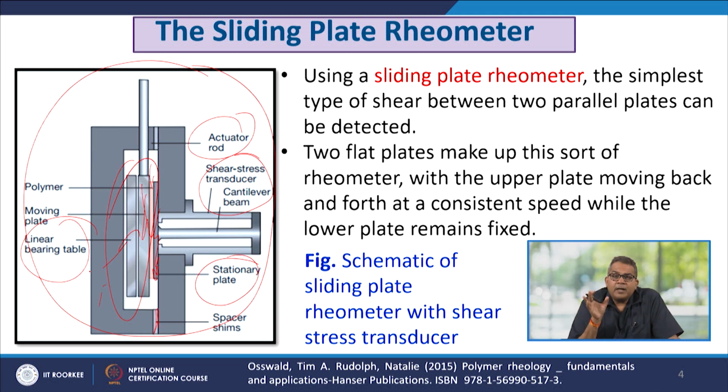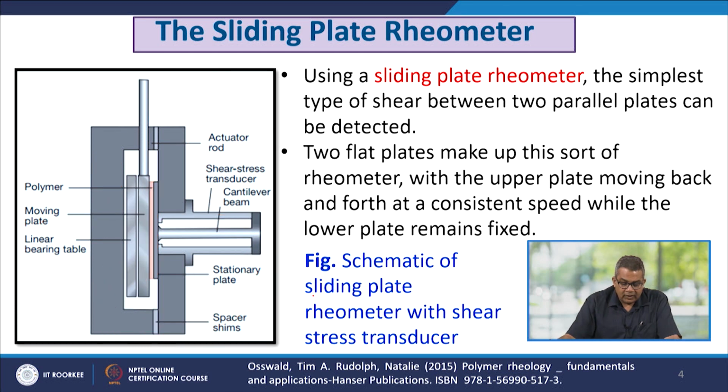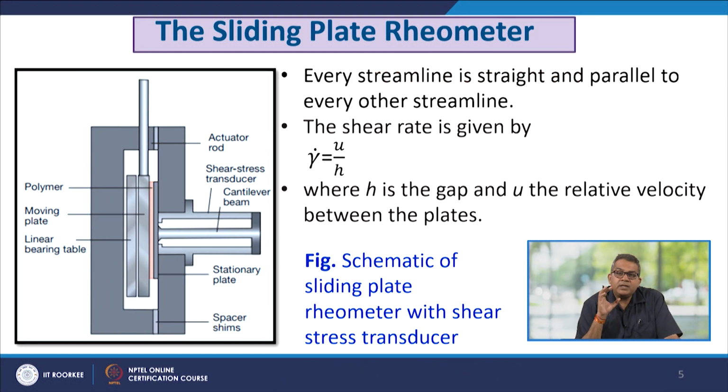Now, two flat plates make this type of rheometer, with the upper plate moving back and forth at a consistent speed, while the lower plate remains fixed. This is like this. Now, every streamline is straight and parallel to every other streamline.